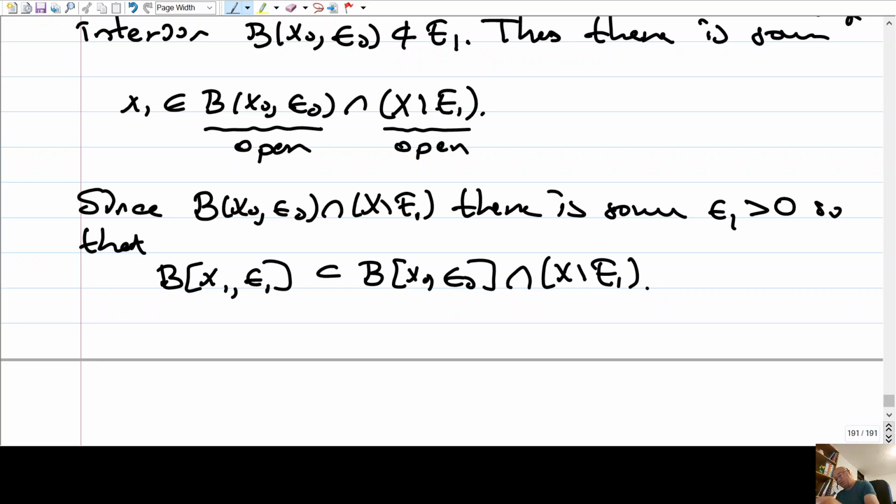Well, maybe I should call this epsilon 1 prime, because I will be more careful to choose epsilon 1.